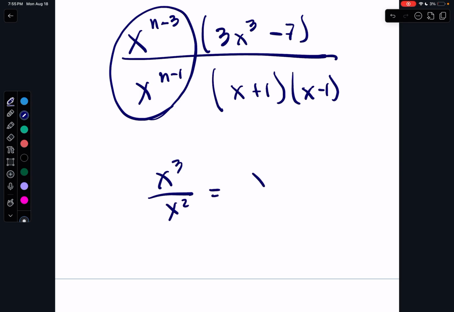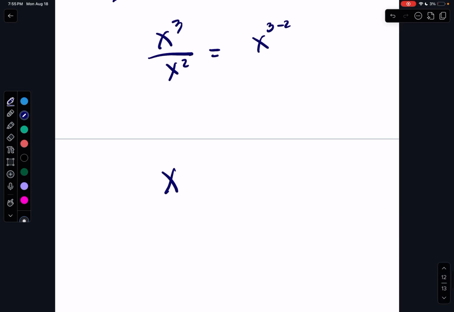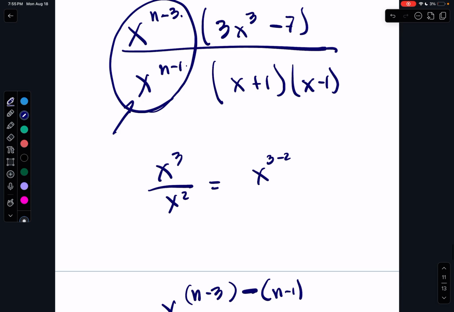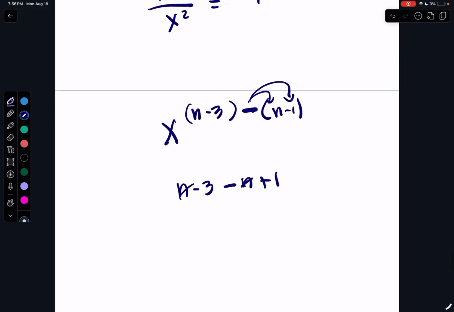So you have x^((n-3) minus (n-1)). Now n minus 3, minus n, plus 1, so the n cancels out, negative 3 plus 1, the answer is negative 2.